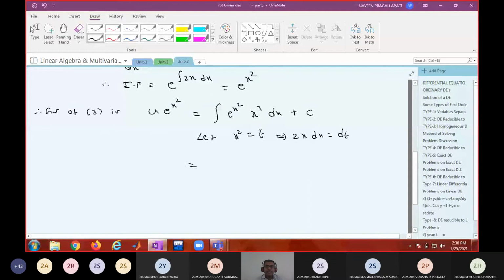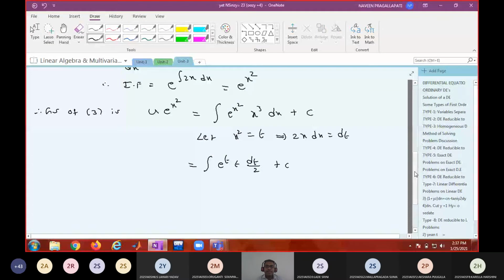So x cube can be written as x square into x, then x dx becomes dt by 2. So this can be written as e power t, x square is t, and x dx becomes dt by 2, plus c.